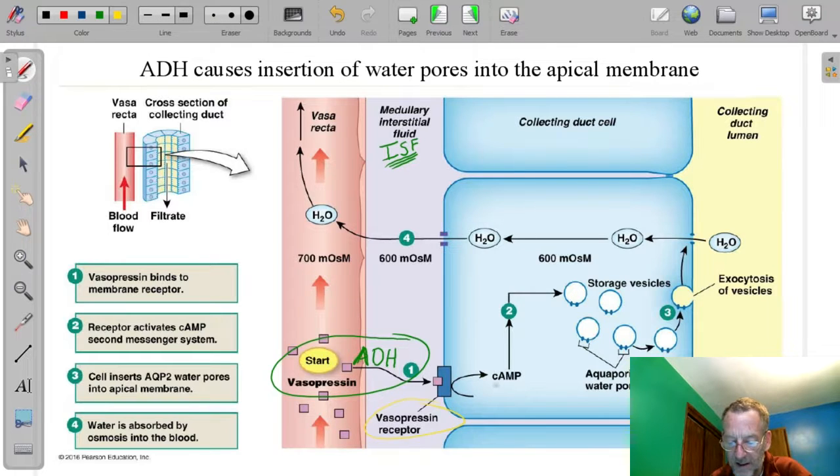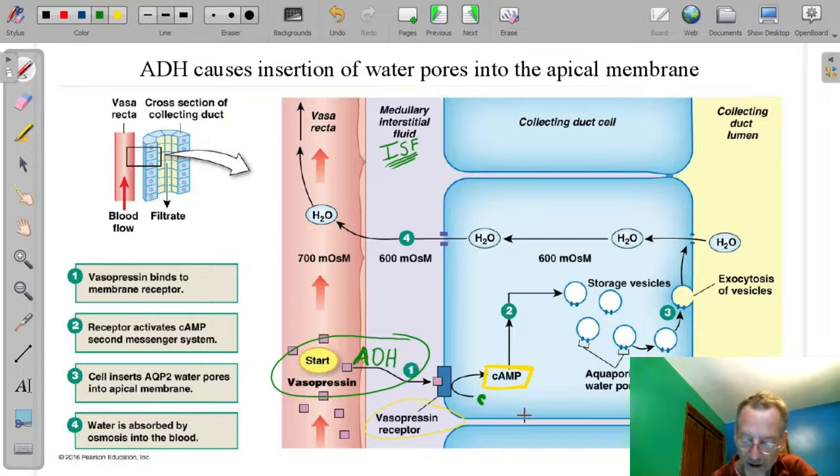And it shows a second messenger system. We did that either in 160 or 241. We talked about cyclic AMP and adenosine, adenylate cyclase, which we won't review here, but at any rate, there's a signal pathway that is created.